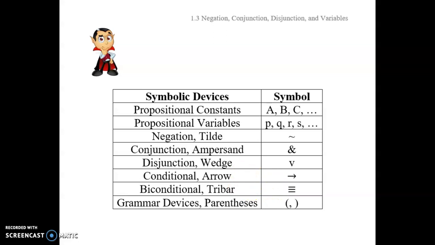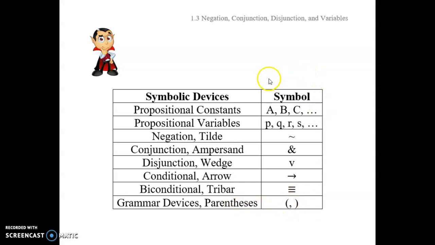So section 1.5, actually, we're going to cover the arrow because some of the stuff we have to say about ampersand and wedge spill over from this video into section 1.4 also. So conditional arrow in section 1.5, biconditional or tribar in section 1.6, and then we do some grammar devices and how to use parentheses correctly in sections 1.7 and 1.8.